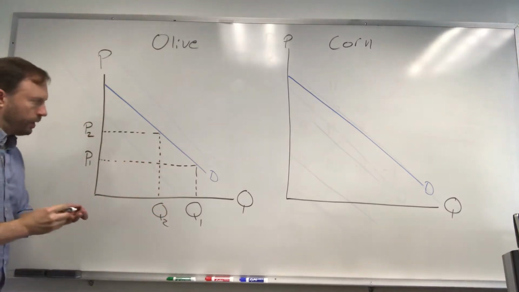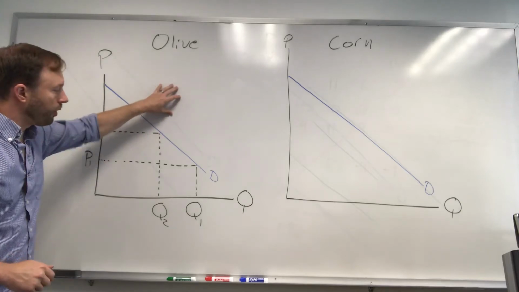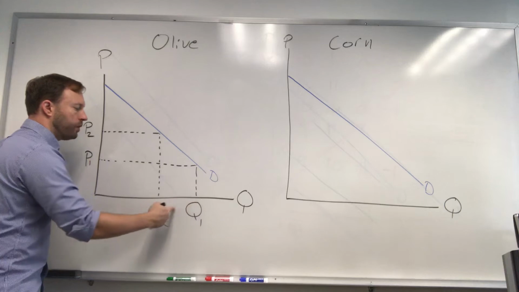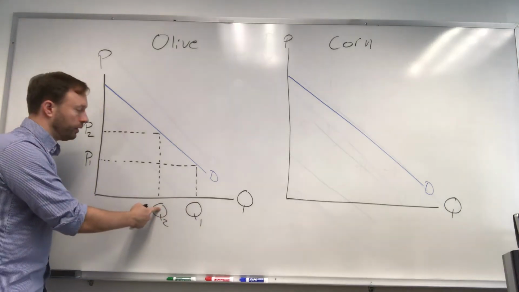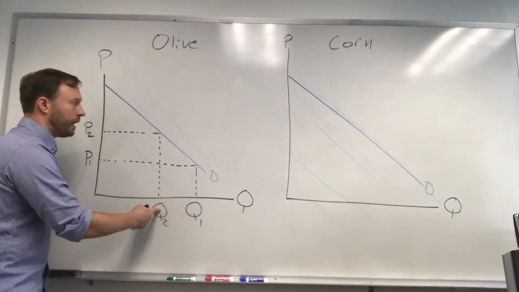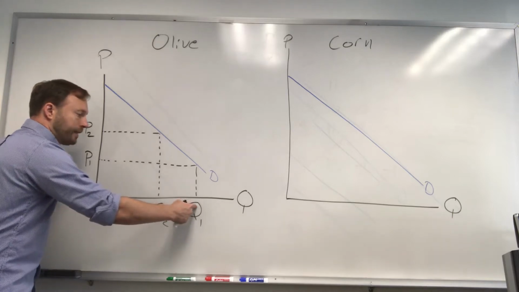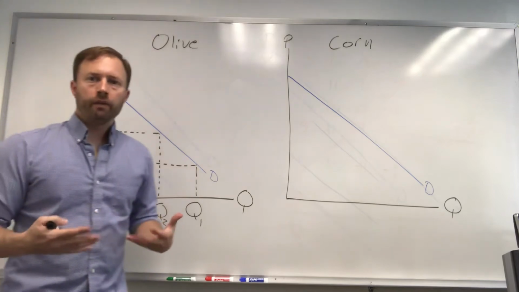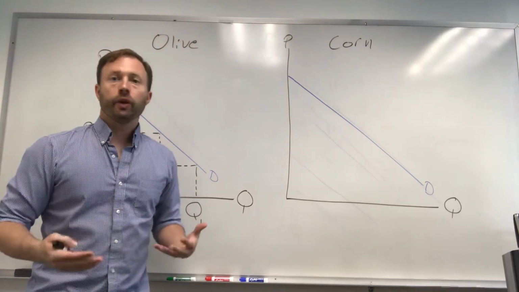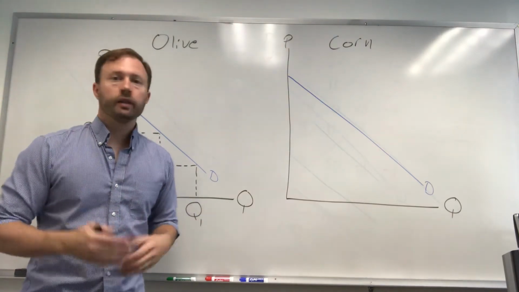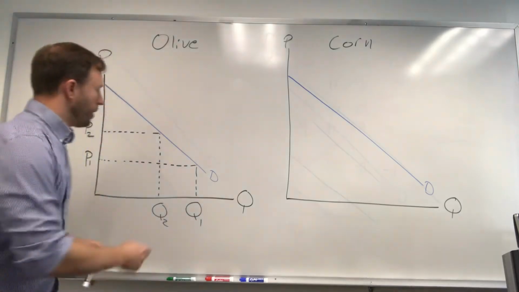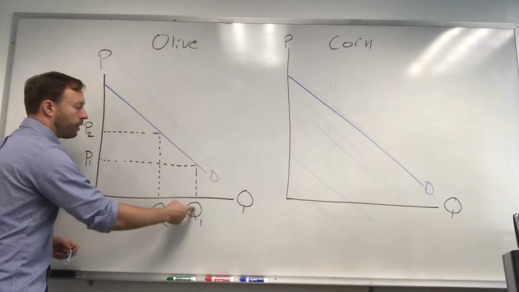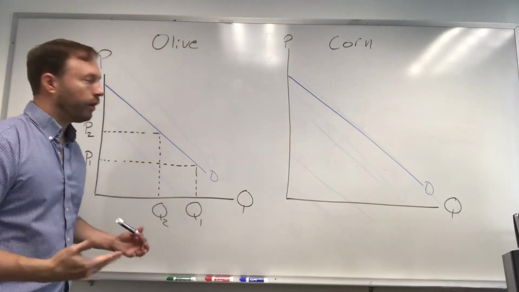All right, what is going to happen in the olive oil market is, as the price goes up, consumers are going to want to buy fewer units of olive oil. Right? There's a reduction in the quantity demanded here. But these consumers who are buying less olive oil, they still want some kind of a vegetable oil to do their cooking with, or to consume in some other way. And so these people who stop consuming olive oil aren't going to want to stop consuming oil altogether.